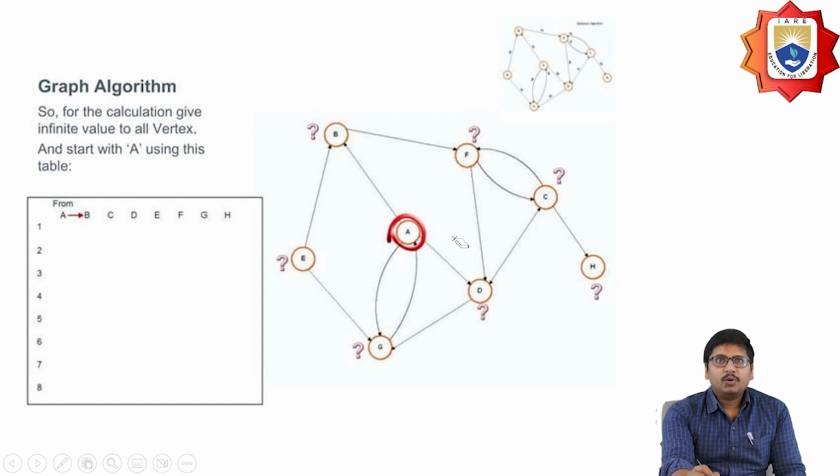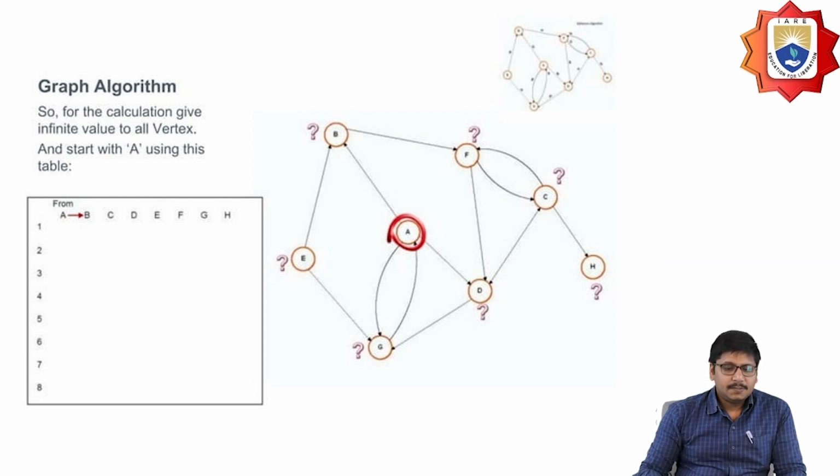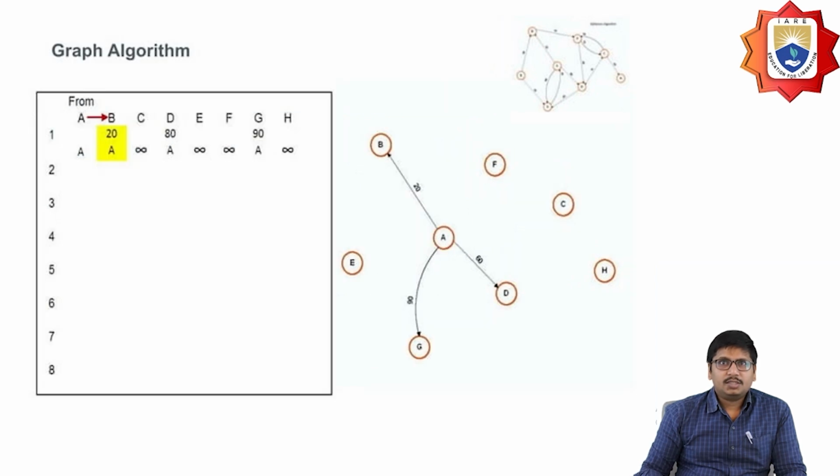So I start here and find the shortest path. For that, I construct a graph with a set of vertices as the cities. I start from A, and from that I find the shortest path from source A to all other cities.